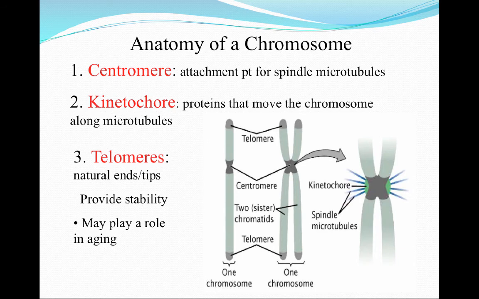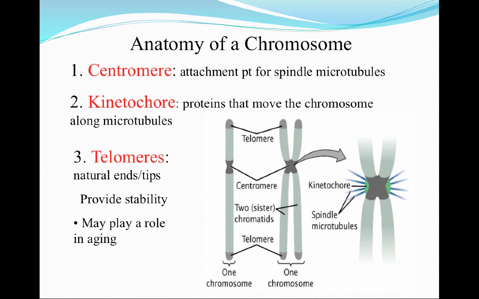And finally, the third structure associated with a chromosome is a telomere, or telomere. It's pronounced both ways. These telomeres are the natural endpoints of the chromosome, and they help protect the DNA at the end of those chromosomes and provide stability.